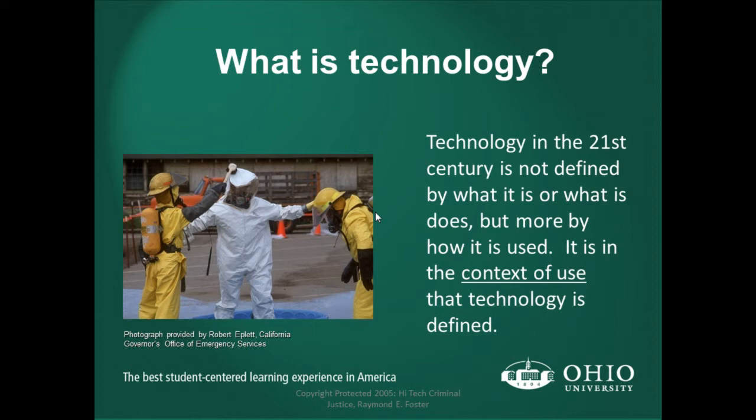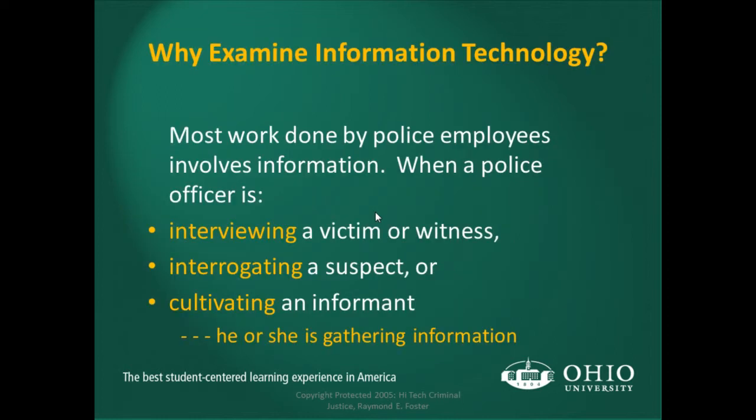What is technology? Technology, in the 21st century, is not defined by what it is or what it does, but more in the context of the use and how technology is used. So when we look at information technology, most police work done by the employees of the police department is centered around information.